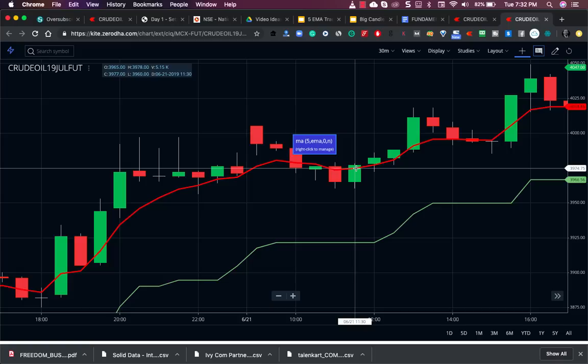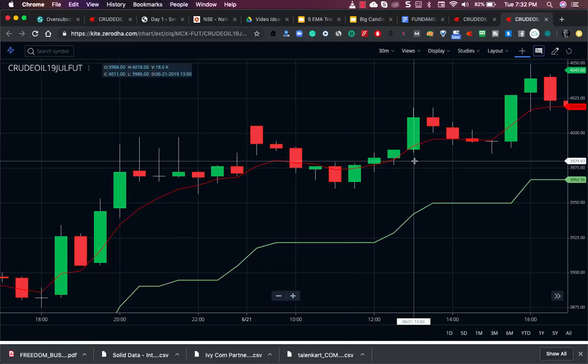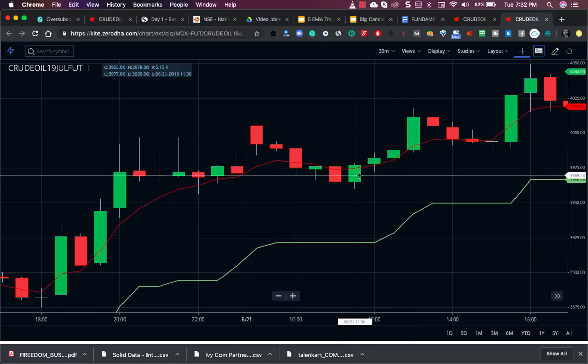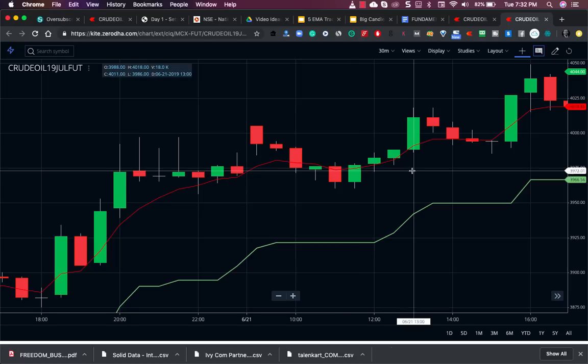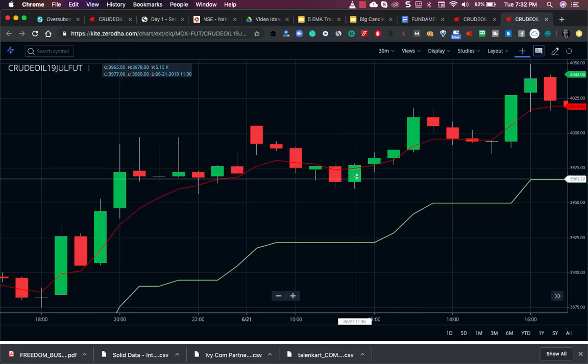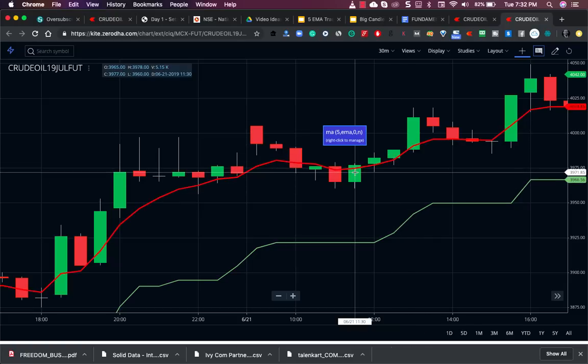So 3980, 3400. Okay, so theoretically we have achieved our target. 18 plus 18 is 36, so 4016 was our 1:2. So we have achieved even 1:2 here. So the high of this is where you buy, the low of this is the stop loss, and 1:1, 1:2. That's all that you need to do.